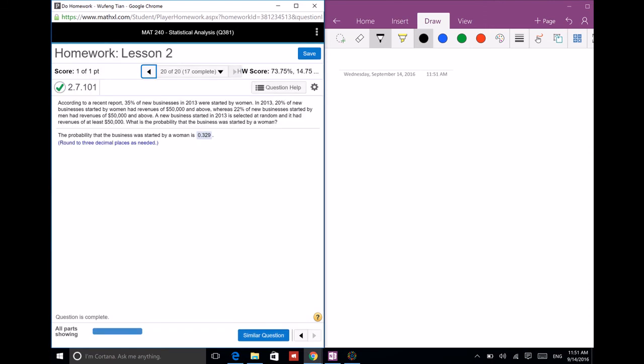Last one. Okay, this is the Bayes rule as well. 35% of new businesses in 2013 were started by women. So 35% is women, which means 65% is men. I should say F, or woman is fine.